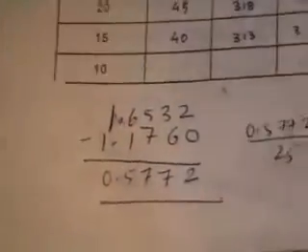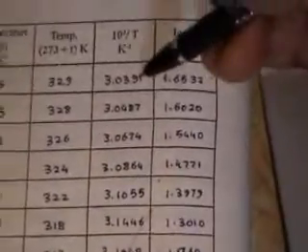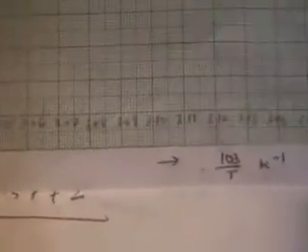Start the graph not at 2 or 3, because your least reading is 3.04. You can start the scale at 3.03. So you have 3.04, 3.05, 3.06, 3.07, etc., and then it goes up to 3.22.